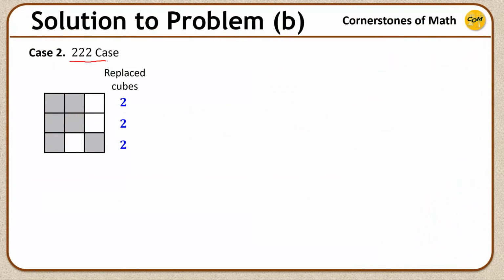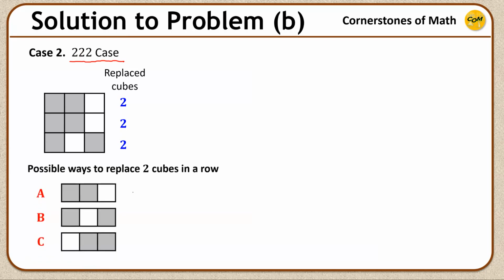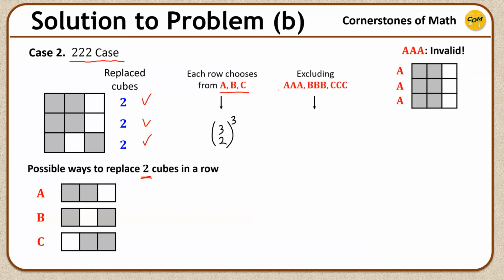As for the 2 to 2 case, we bring back these 3 arrangements A, B, and C where 2 cubes in a row are replaced. Now, each row in a grid chooses from A, B, and C, and this gives 3 choose 2 cubed ways. However, there are invalid cases included here.